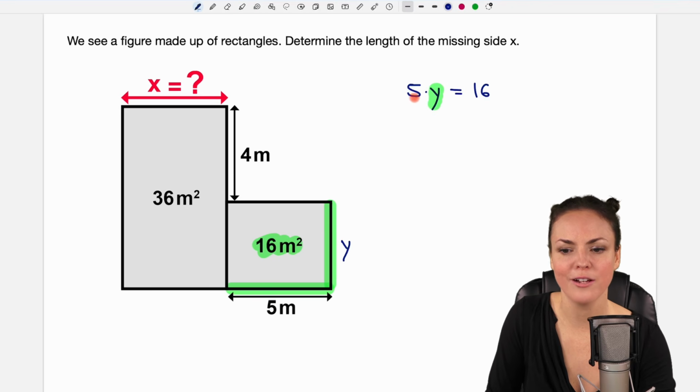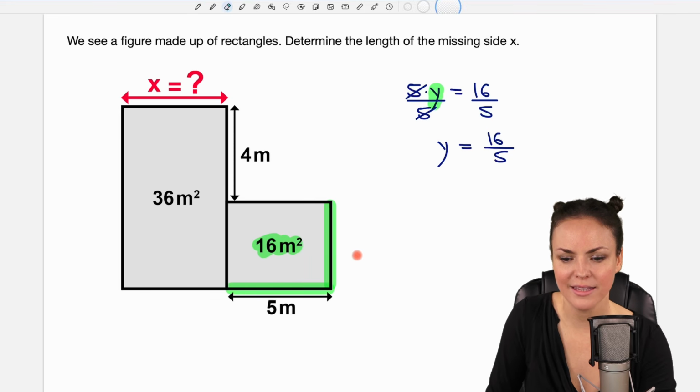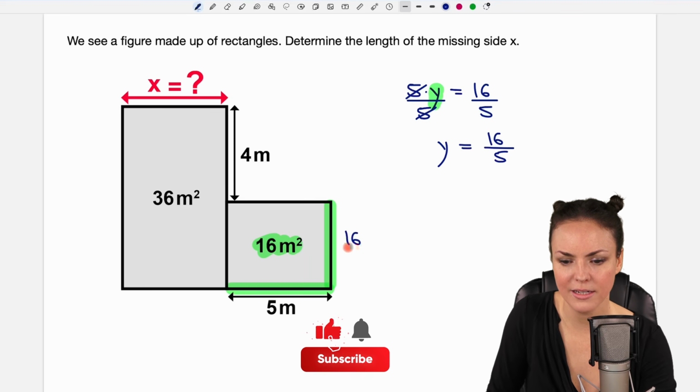We just have to get rid of the 5 here, so we divide both sides by 5, and thus 5 cancels out here and only y is left, and here we have the result 16 over 5. That is the length of this side here.